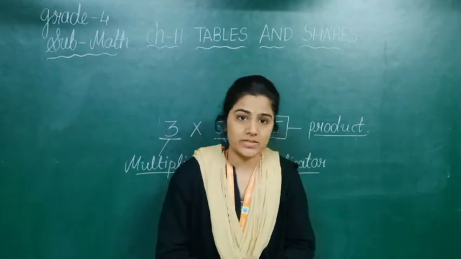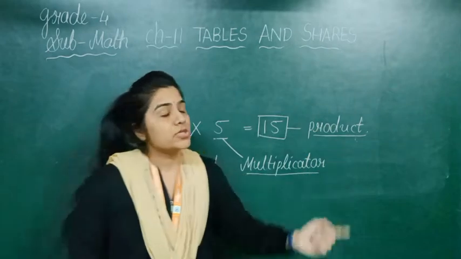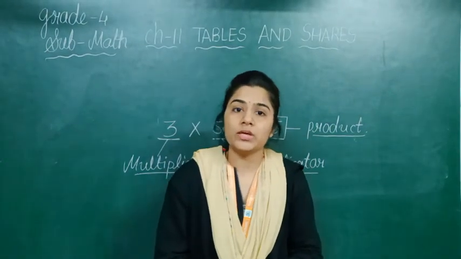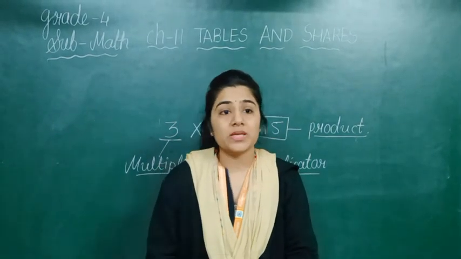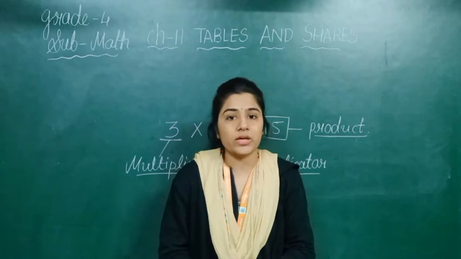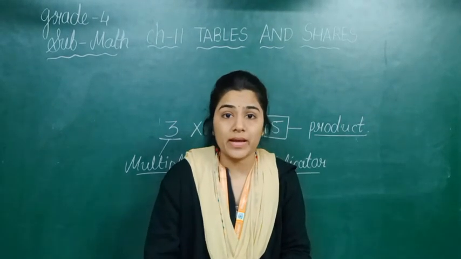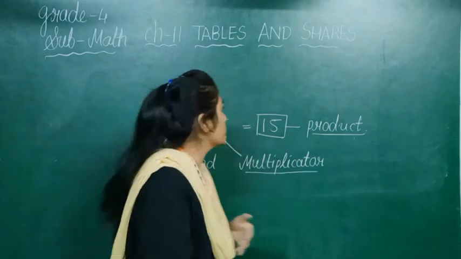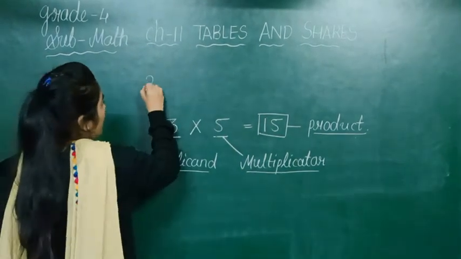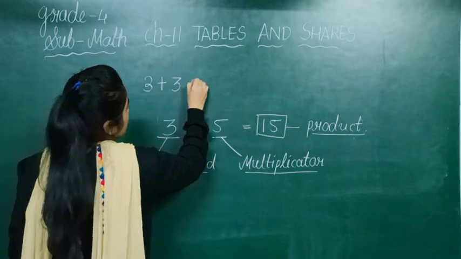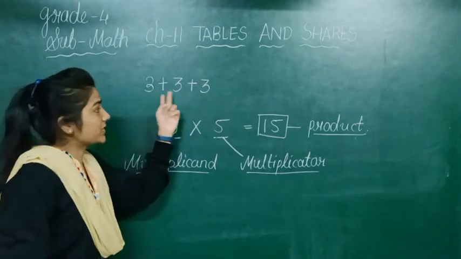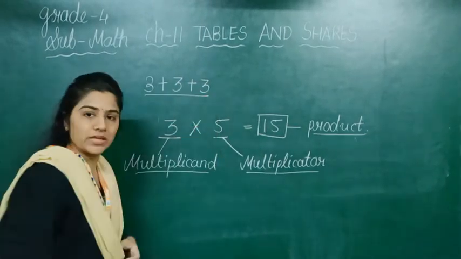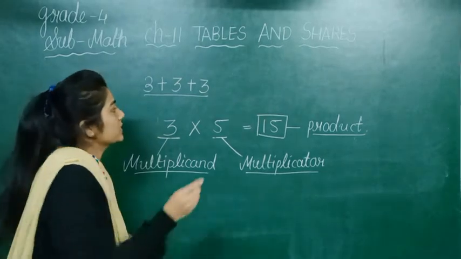Now shares. What are shares? In this chapter you will learn many things. In multiplication, if we are multiplying the numbers, it is increasing, right? Suppose I have 3 plus 3 plus 3. I have written 3 three times.